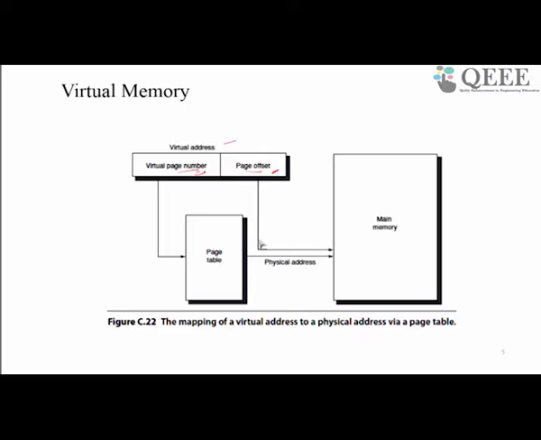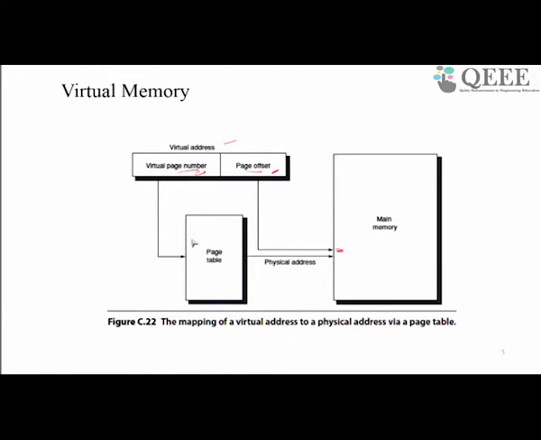Given a virtual page number, we need to find out the base address of the page frame that is holding it, if it is present in the main memory. Once that is there, we can simply concatenate the word offset with the page number, or add the word offset to the base address of the page and get the actual address.